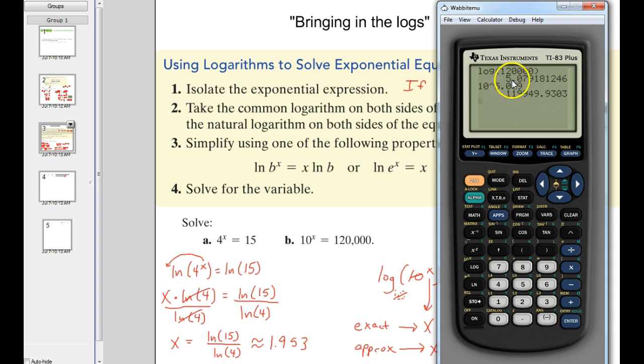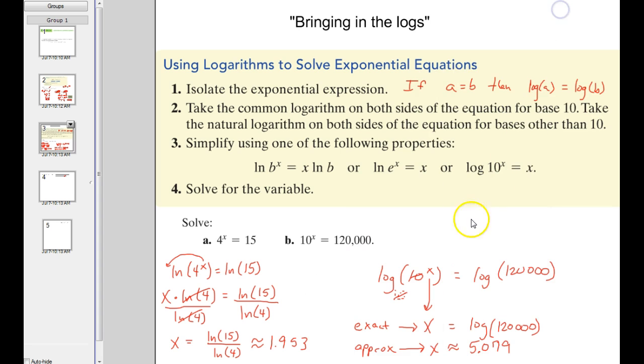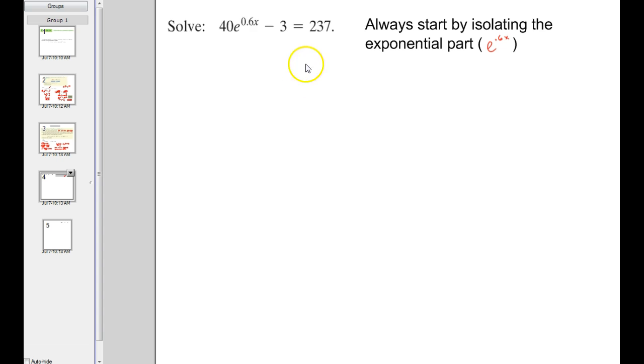You're not going to get exactly unless you type in literally that expression. 10 to the log of 120,000. Now I get exactly 120,000, but if I type in a decimal approximation, I'm going to get a decimal approximation to the answer.